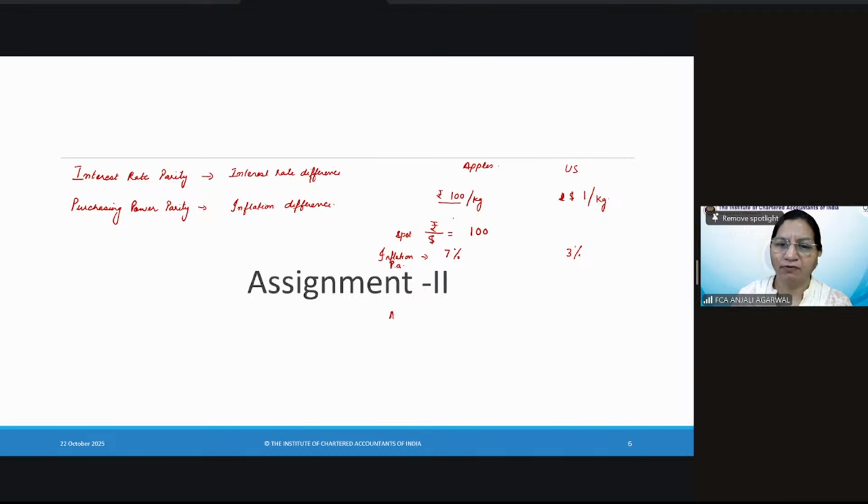So after 1 year, what will happen? The same apples will cost you 107. Is it okay? Yes. Add 7% inflation to the 100 rupee. And the same apples would cost you in US $1.03 per kg, right?